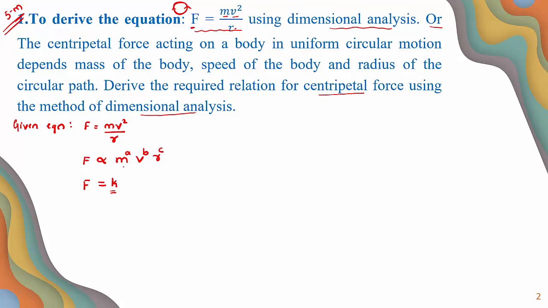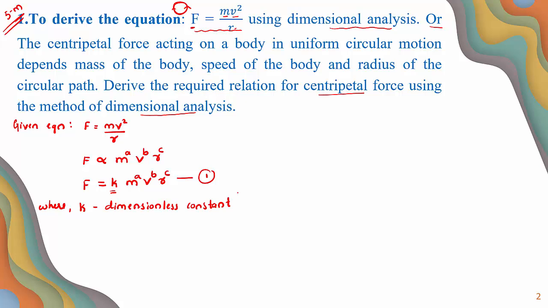So F equal to k into m raised to a, v raised to b, r raised to c. Let us take it as equation number 1. What is k here? Proportionality constant, or we can also call it a dimensionless constant because it does not have any dimension. This is the first part.